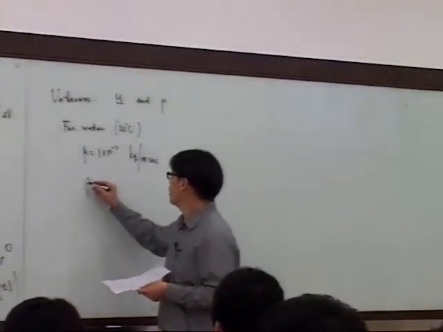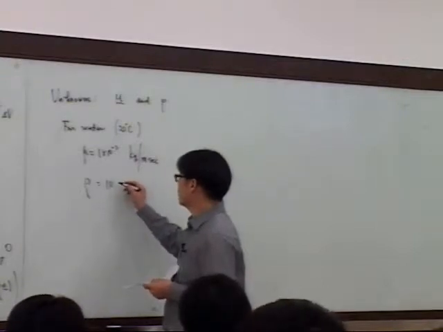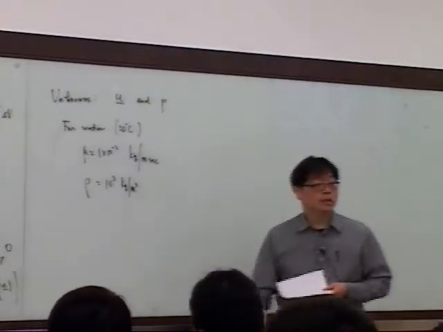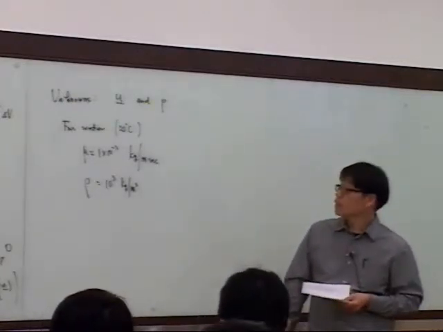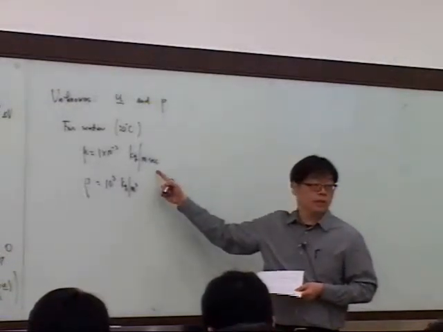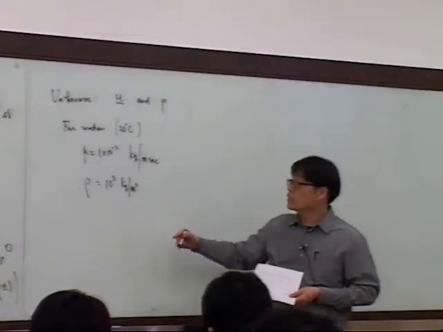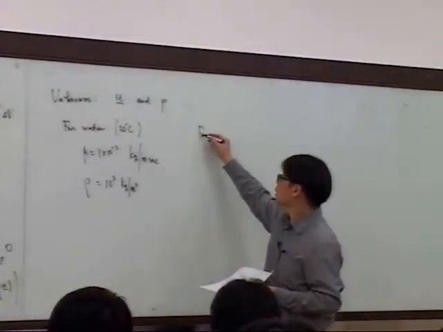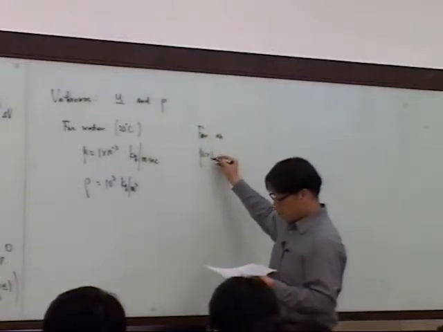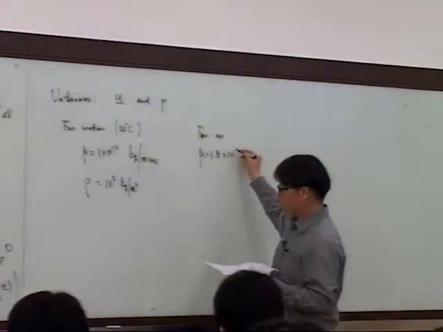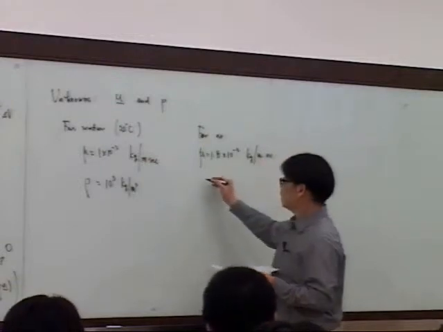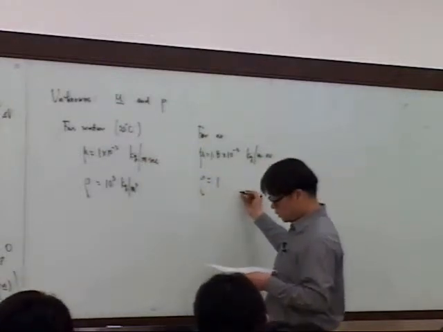And rho is this. So once you fix a fluid, you fix the dynamic viscosity and density. And for air, mu is 1.8 times 10 to the minus fifth, and density is about 1.